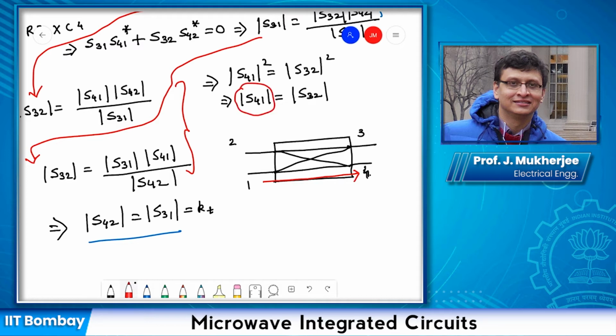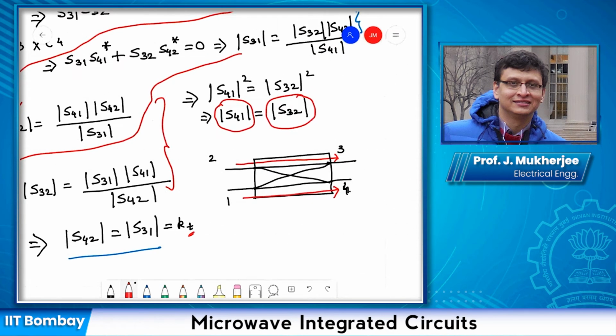Similarly, if we are inputting at port 2, then the power that flows to the through port for 2, that is port 3, is dependent on this quantity. Hence, the small t represents the transmission. Transmission parameter is this one, Kt.